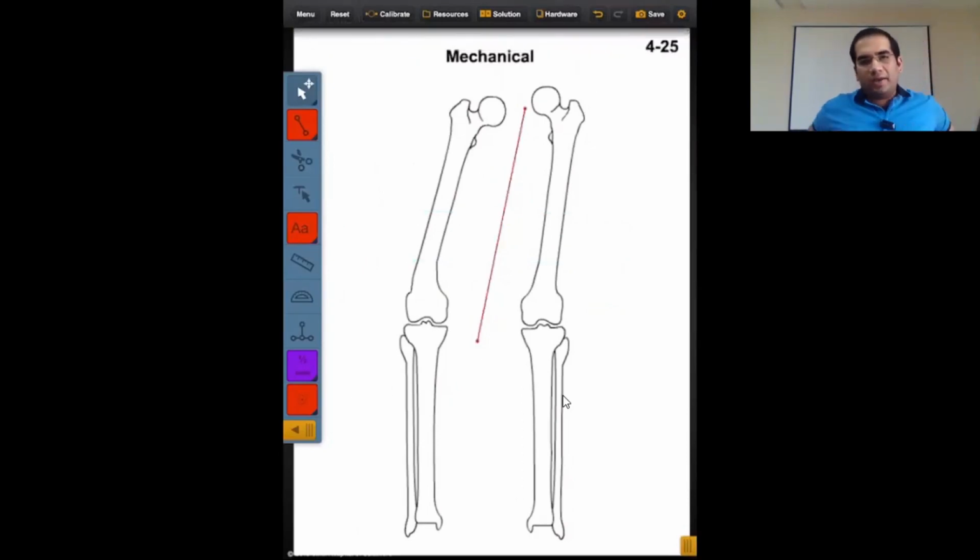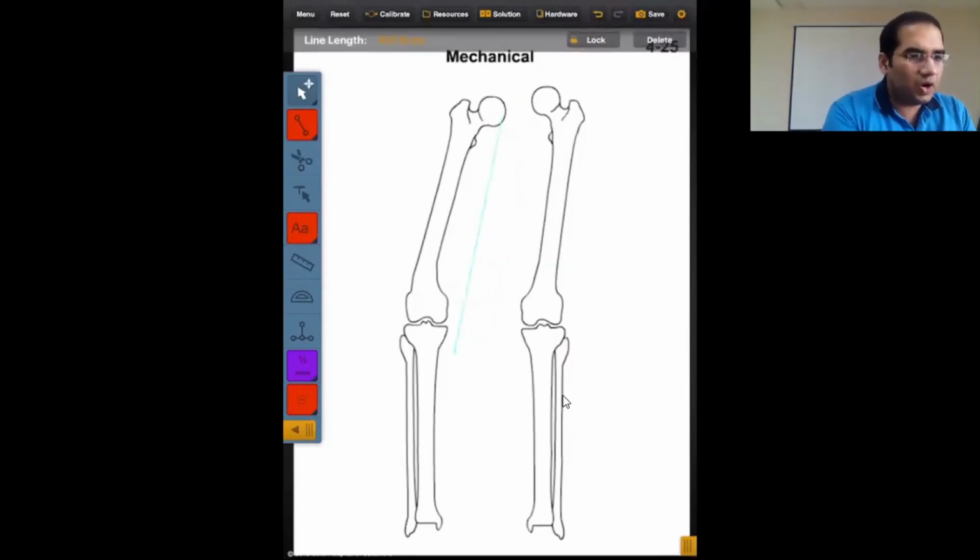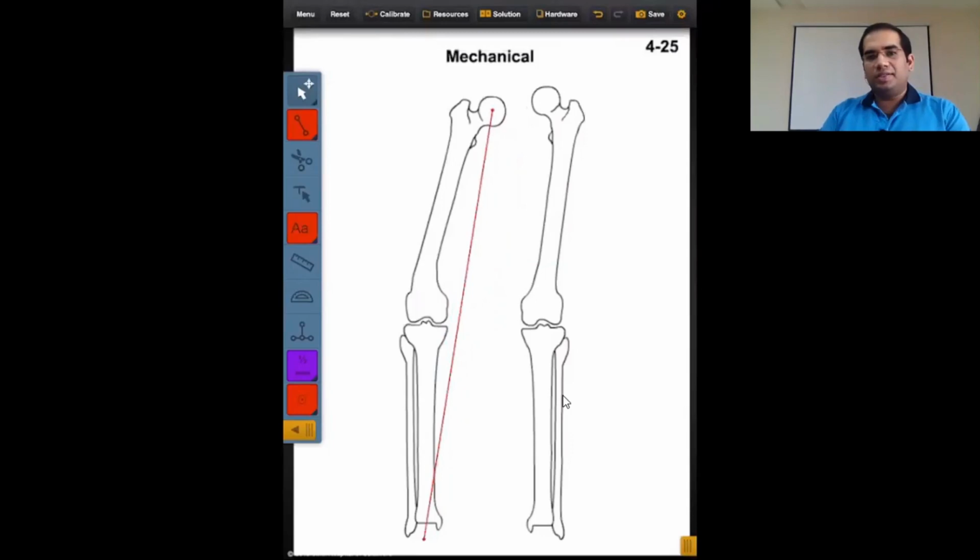So this is a scanogram, a schematic diagram of a scanogram. As we all discussed, what are we going to do first? First, we're going to draw the center of the joints. Then we are going to mark the mechanical axis of the limb.